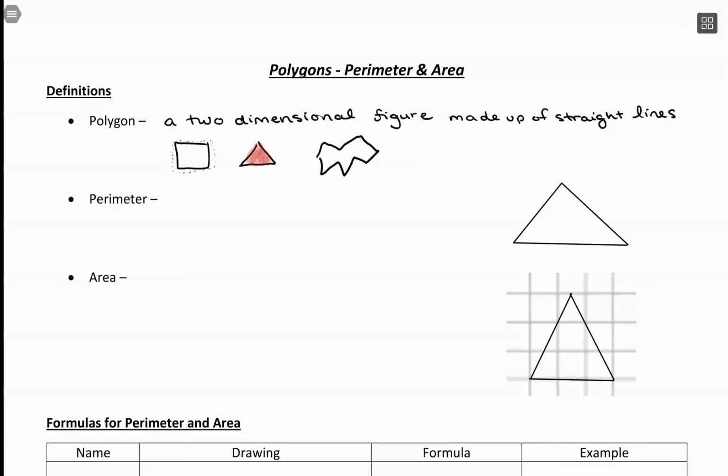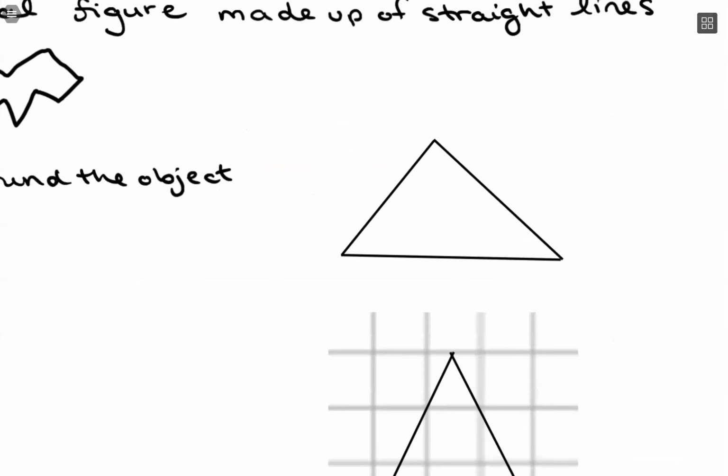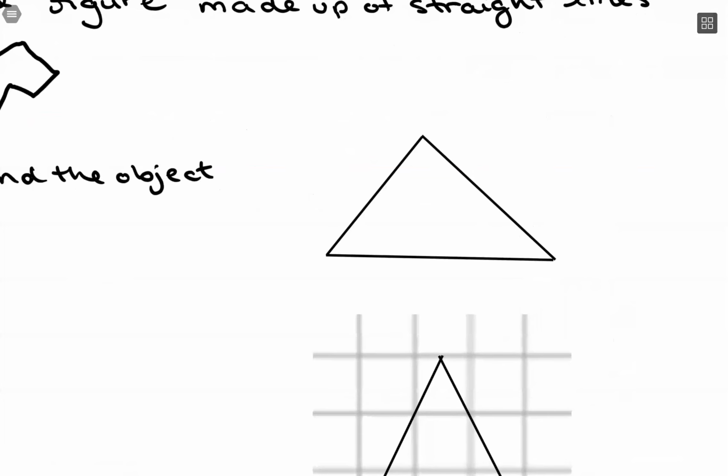So perimeter is the distance around the object. Say we have this triangle here. If I wanted to look at perimeter, I would want to take this side length, whatever that measurement is, plus this side length, plus this side length here.